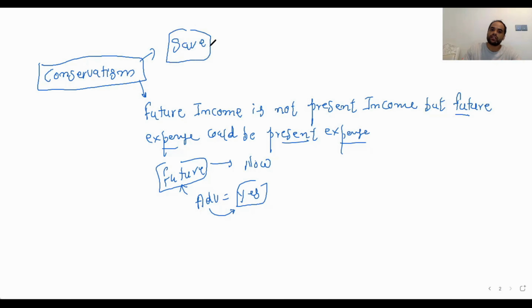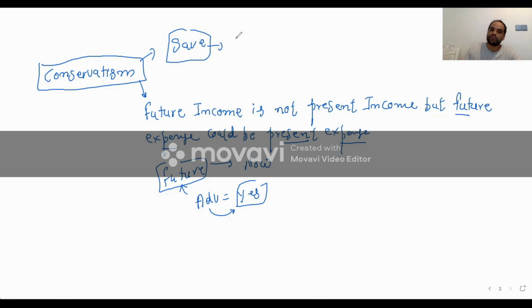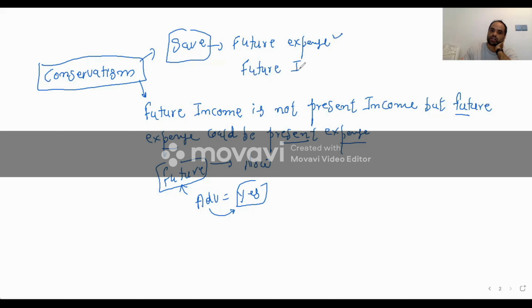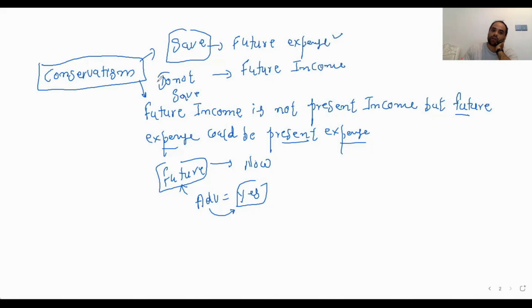Why do we save money? We save money for future expense. Right? Why don't we think, if in future we have an expense, we also have future income, so let's not save now? Do we think that?